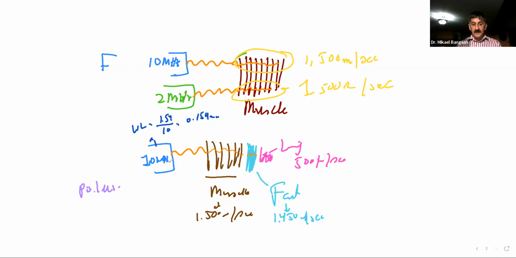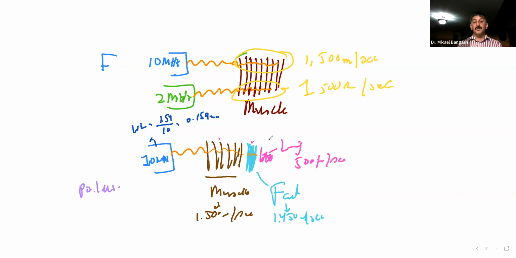But here it was the same transducer with the same frequency. The frequency is going to remain the same. The period of your sound wave is going to remain the same. Clear? But the speed of sound is going to vary as it travels from muscle to fat, from fat to bone or to lung.